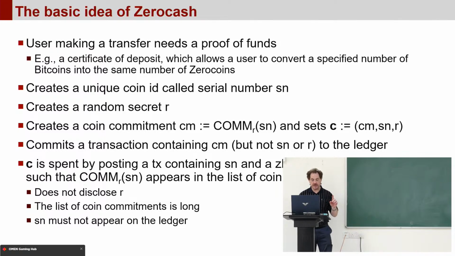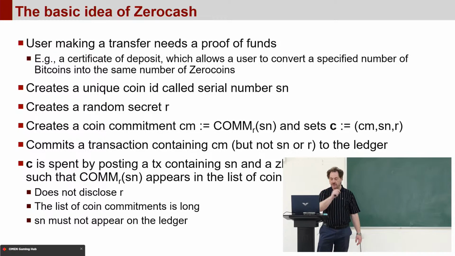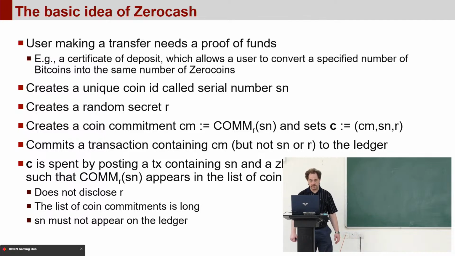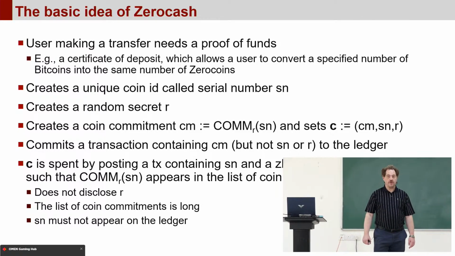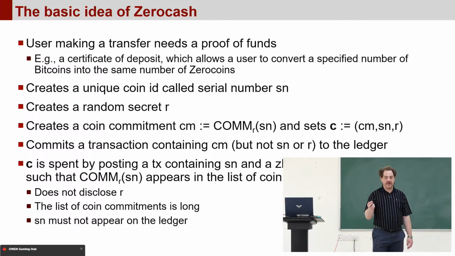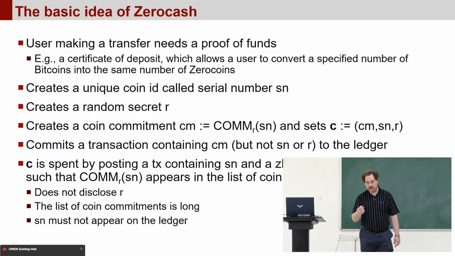The serial number and the zero knowledge proof of the fact that I, the sender, know the secret, such that the commitment appears on the ledger. That's the basic idea. This is how you implement zero cache.